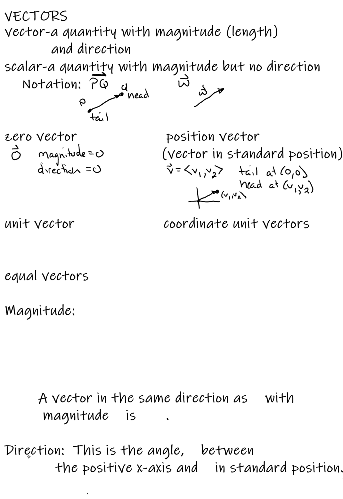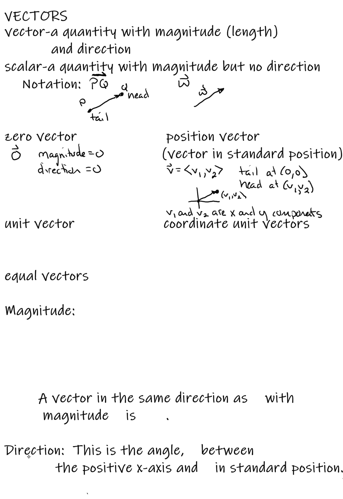V1 and V2, those values, you'll notice are like the x and y values. So we say that they are the x and y components, respectively, of course. V1 is the x component and V2 is the y component.